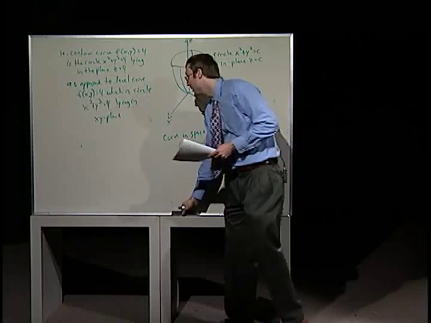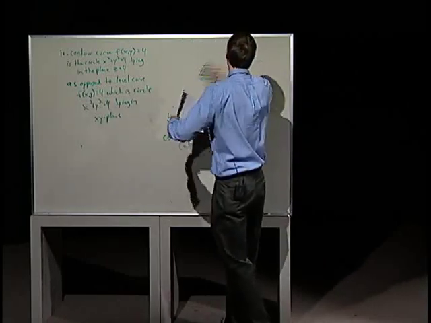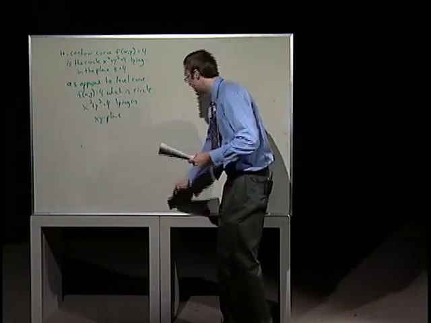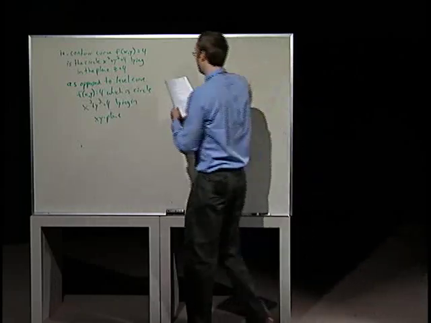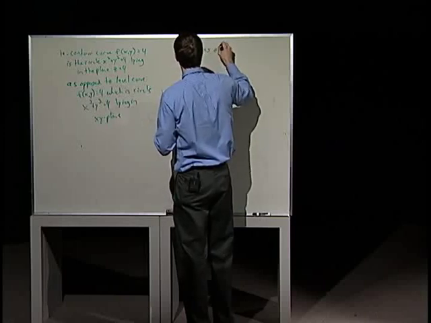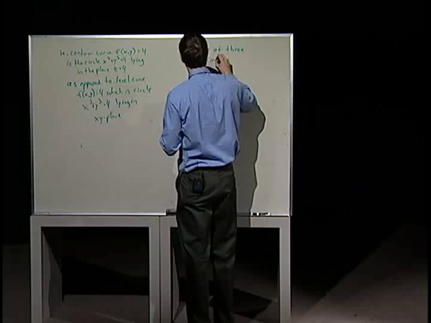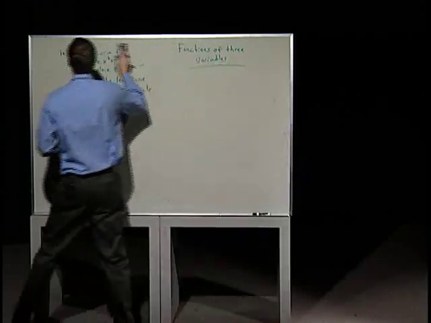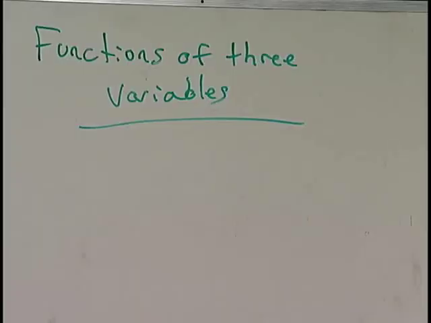Okay, so let's talk about functions of more than two variables for a minute. And the nice thing is that not a whole lot changes from our discussion of functions of two variables. So, functions of three variables. However, what is different this time is that we no longer have to talk about level curves lying in the xy plane.